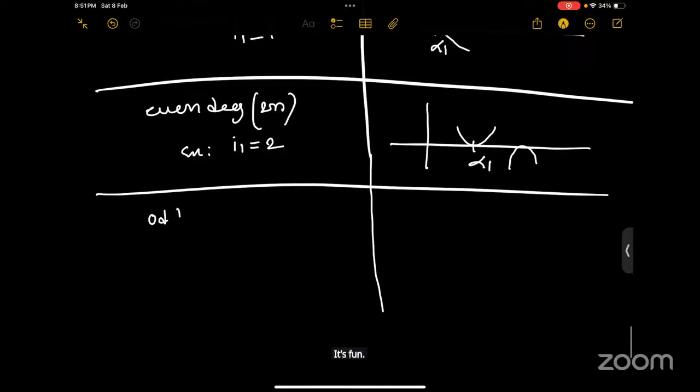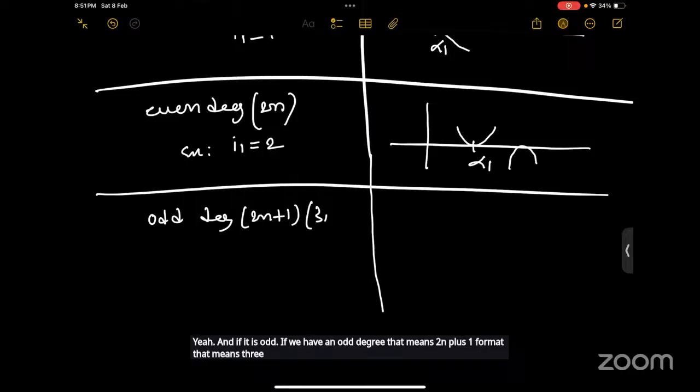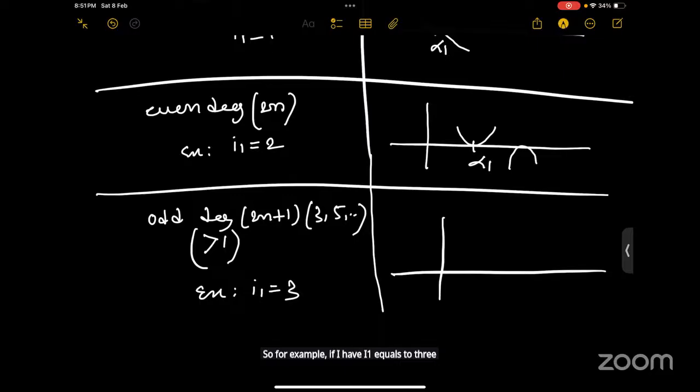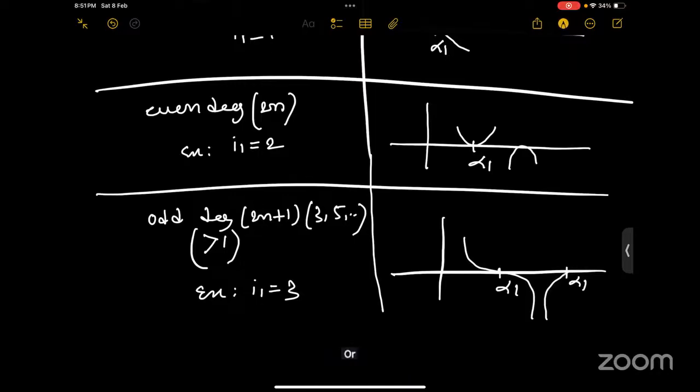And if we have an odd degree, that means 2n plus 1 format, like 3, 5 and so on, odd degree greater than 1, for example I1 equals 3, then at the point alpha 1 we will get this type of graph or this type of graph.